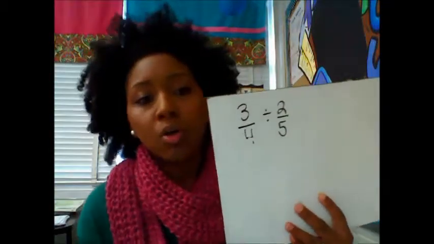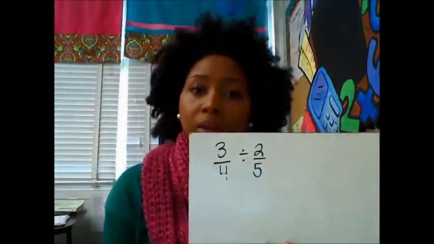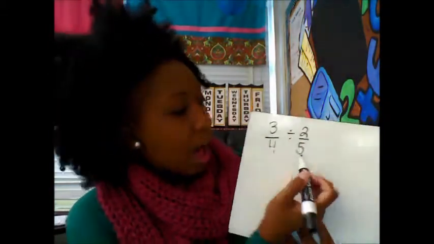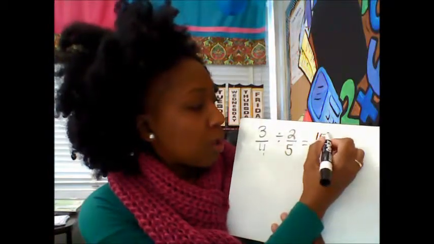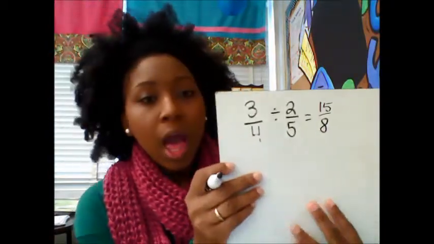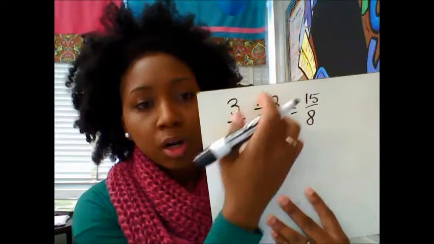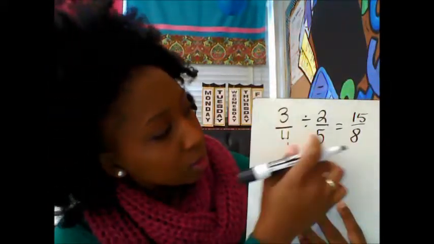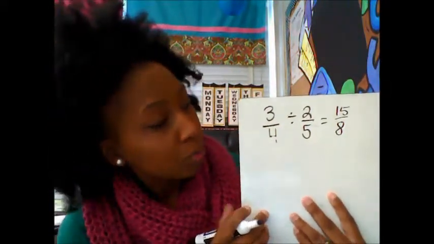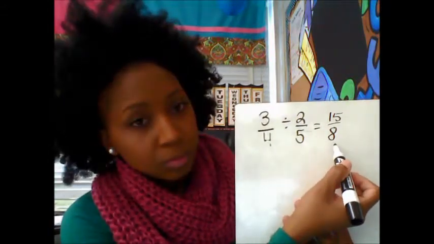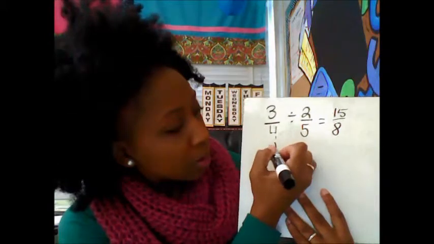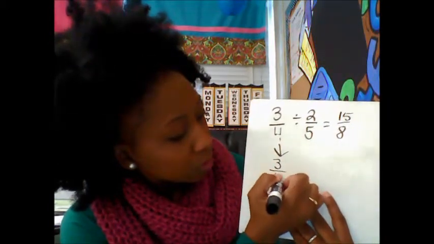This is going to build up on the keep, change, flip that you guys have been talking about. So I know that 3/4 divided by 2/5 equals 15/8, right? I want you to look at your division problem here and tell me, what could I do in order to get 15/8? I keep the 3/4.